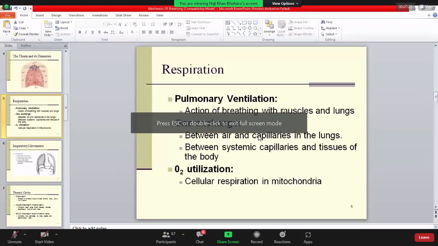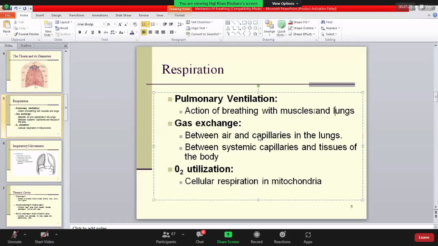This occurs because of lung expansion and contraction caused by muscle movement. Gas exchange between the air and the lung capillaries occurs to oxygenate the blood and remove excess carbon dioxide.